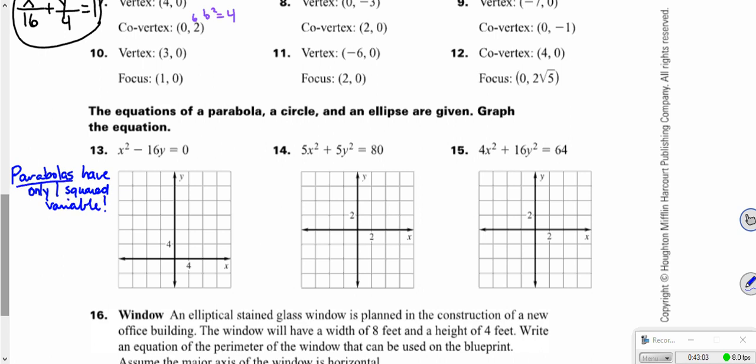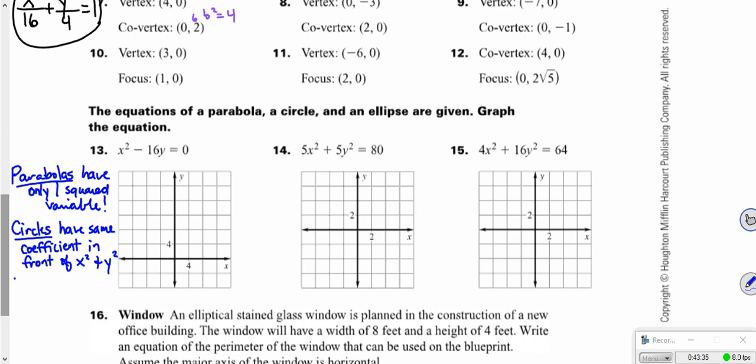So either your x is squared or your y is squared, but not both. Circles have the same coefficient in front of x squared and y squared.